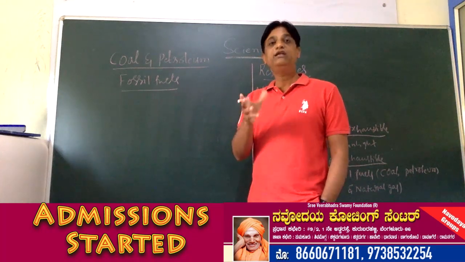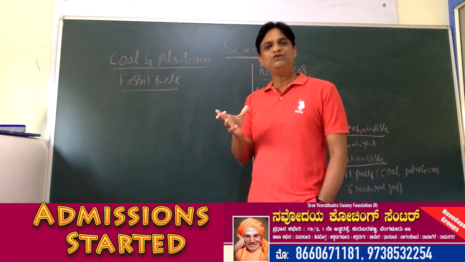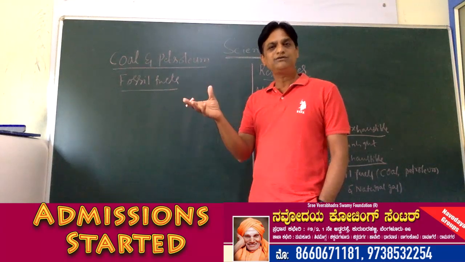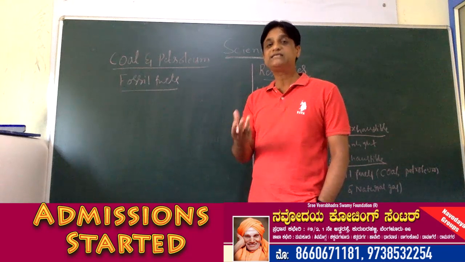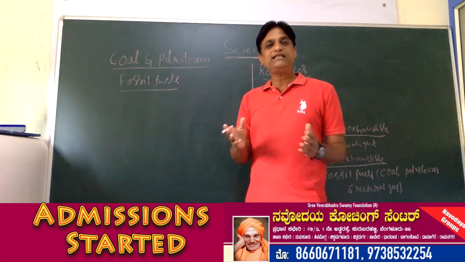animals, the evolution of life. Evolution of life is nothing but the gradual formation of new organisms from old organisms, the gradual formation of complex organisms from simple organisms. That process is called evolution.